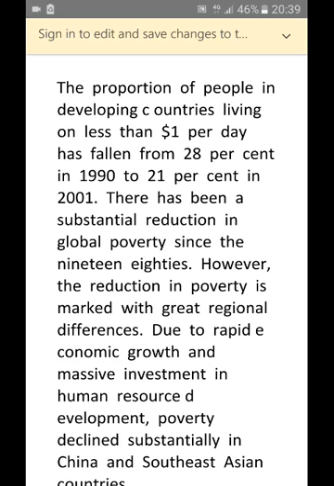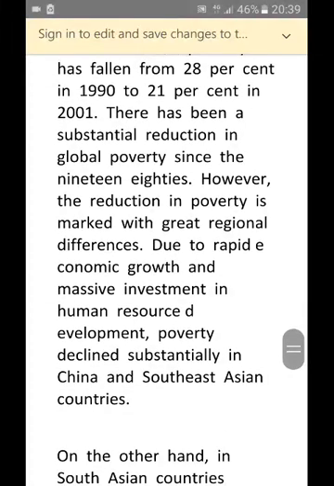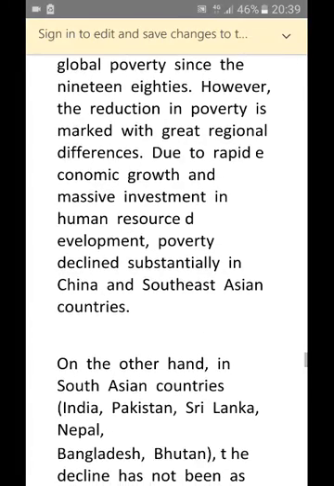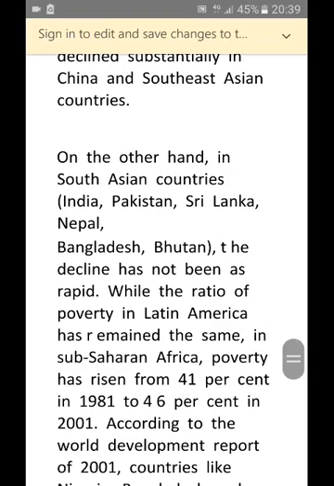There has been a substantial reduction in global poverty since the 1980s. However, the reduction in poverty is marked with great regional differences. Due to rapid economic growth and massive investment in human resource development, poverty declined substantially in China and Southeast Asian countries.